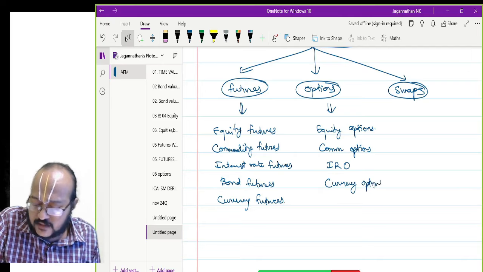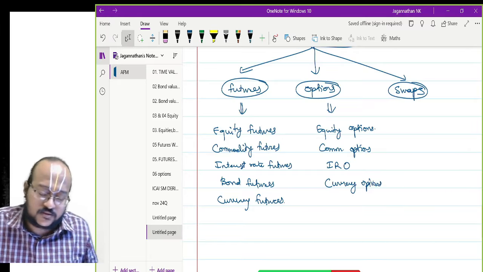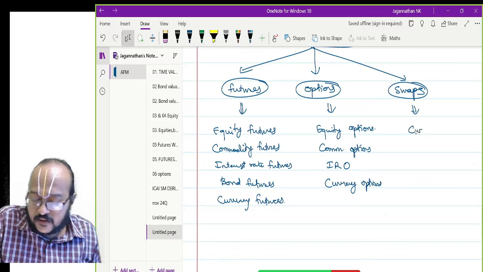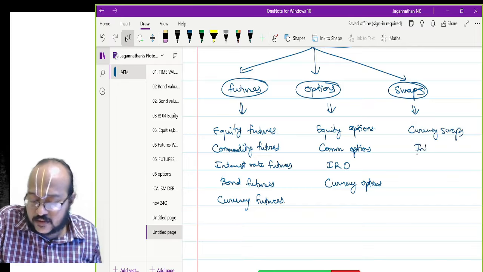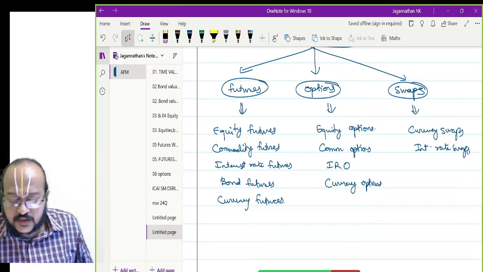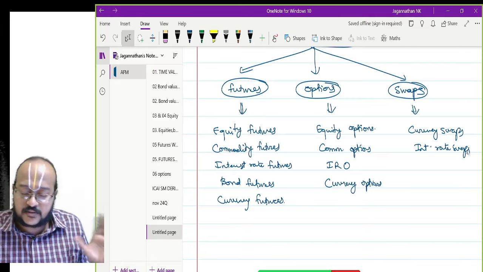We already discussed bond markets. Then swaps: currency swaps and interest rate swaps. There is nothing called equity swaps.